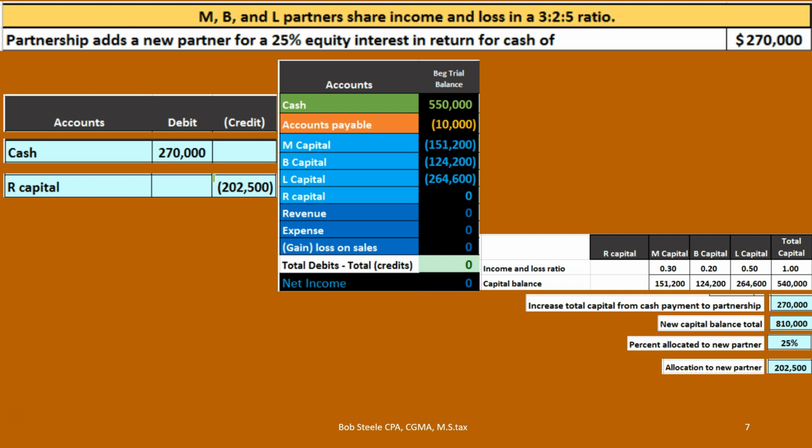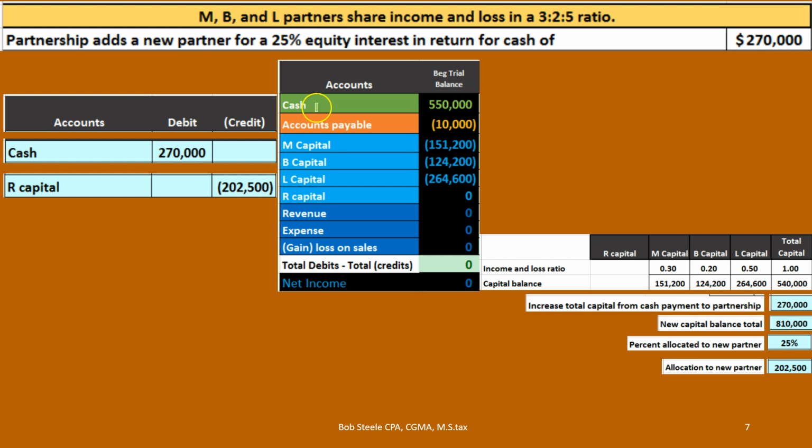Why would the new partner, if the assets minus the liabilities equals the value in the company, and the new partner is only going to receive $202,500 of value in the company, why would the new partner then give the company or the partnership $270,000? The reason might be that there could be some intangible assets on the books, or maybe the books are not valued exactly at fair market value as perceived by the individuals in the transaction.